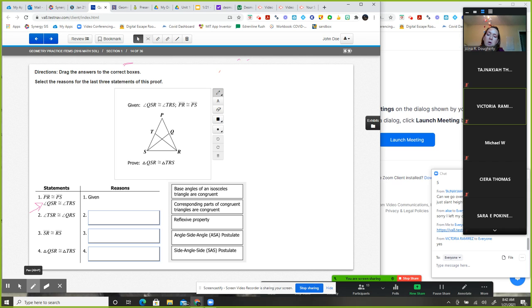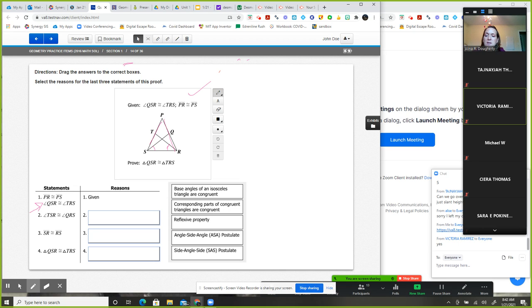PR equals PS. That's a side. And then QSR and TSR, that's this angle and this angle. So now I've got a side and an angle, and that's given. I like that.